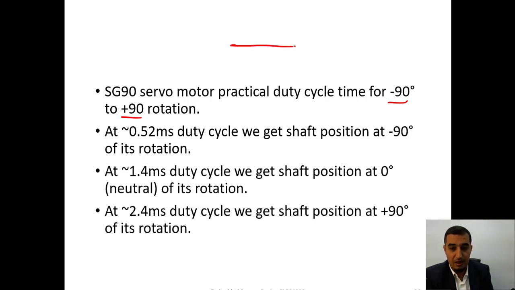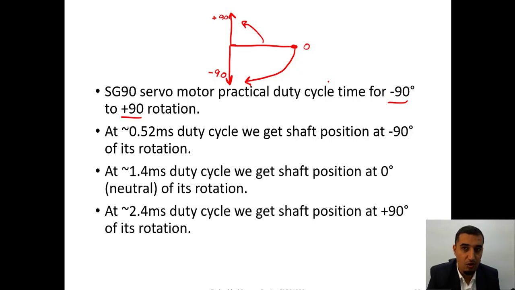So it will be either here at 0, or it will go plus 90, or it will go minus 90 down here. So it's either plus 90, minus 90, or at the 0 location.